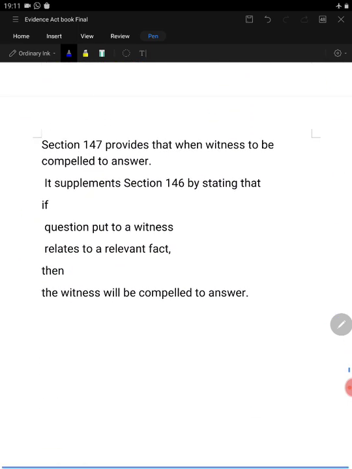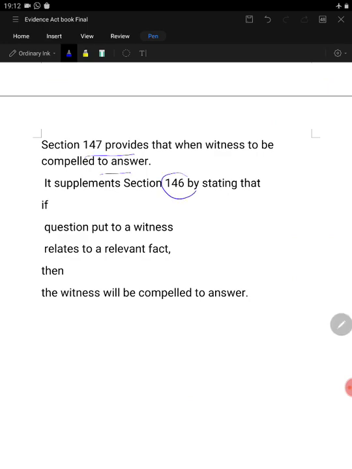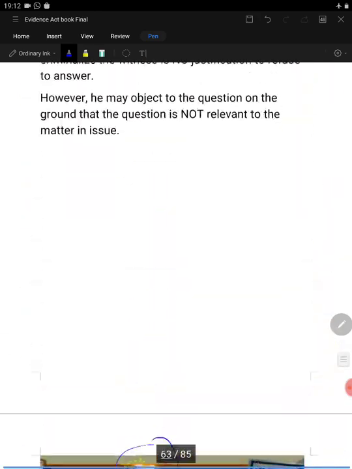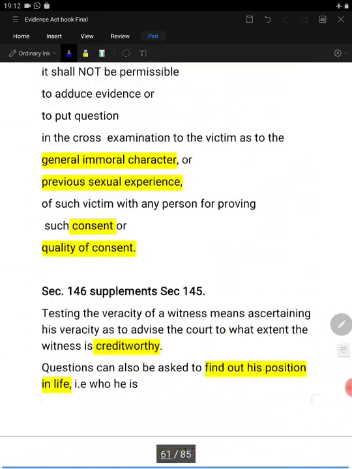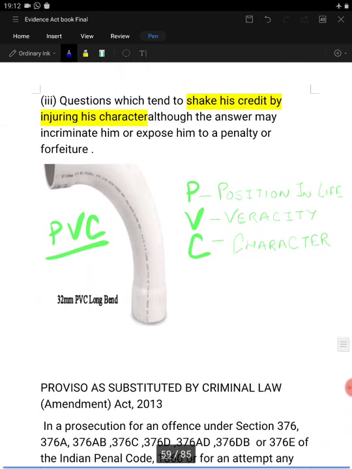Now, Section 147 provides that when a witness can be compelled to answer, and as we have seen in Section 146, in cross examination, a witness can be asked questions which are related to his position in life, veracity, and character.